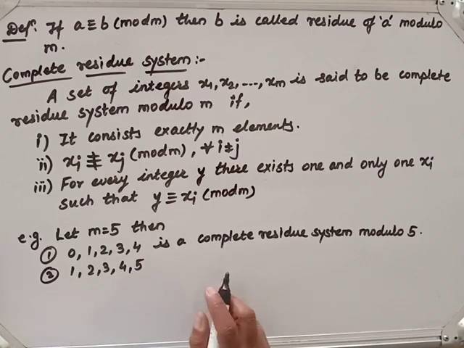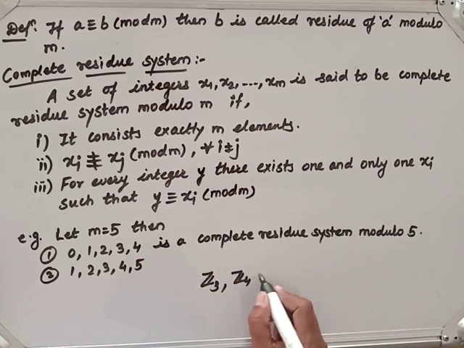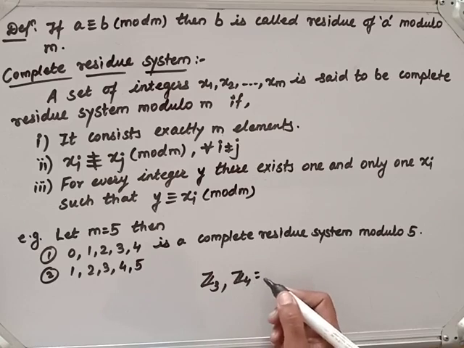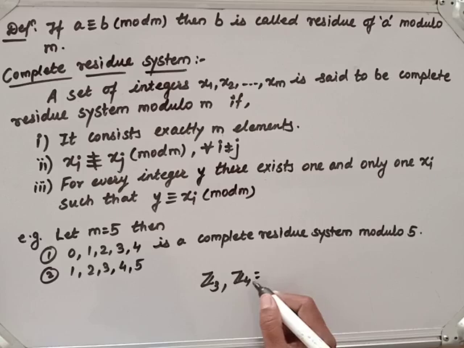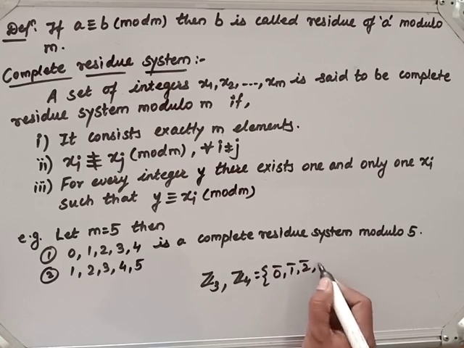You know Z3, Z4, these are some sets. Which sets? These are the sets of the integers by remainder. This is 0 bar, 1 bar, 2 bar and 3 bar.